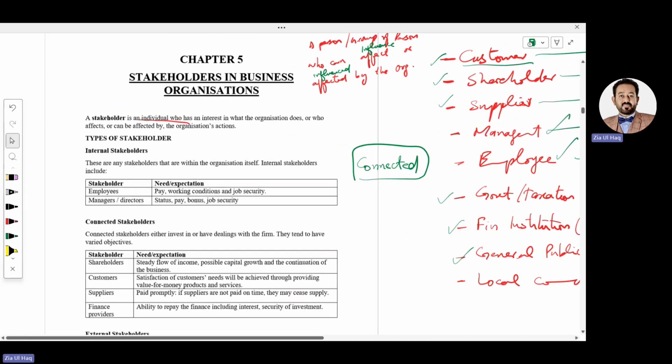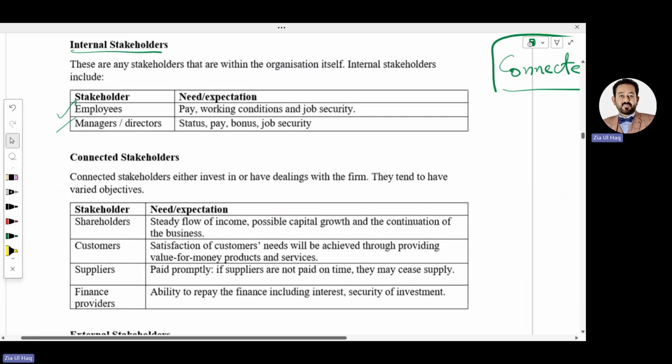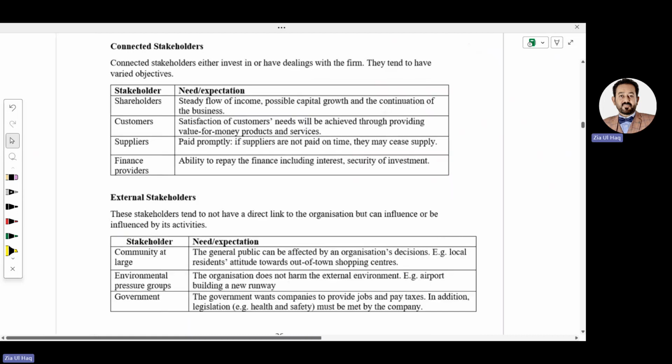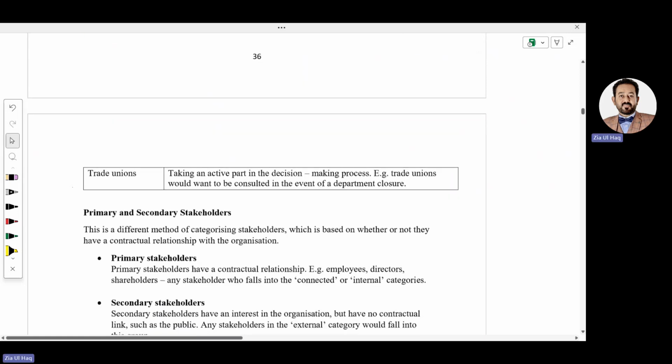Okay, let's see. Stakeholder could be internal, those who are within the organization, employees, managers, what they want, we have discussed. Stakeholder could be external: community at large, general public, environmental pressure groups, governments, trade union. What is trade union? A group of employees is called trade union. Sometimes employees form a group so that they can protect their rights from the employer.